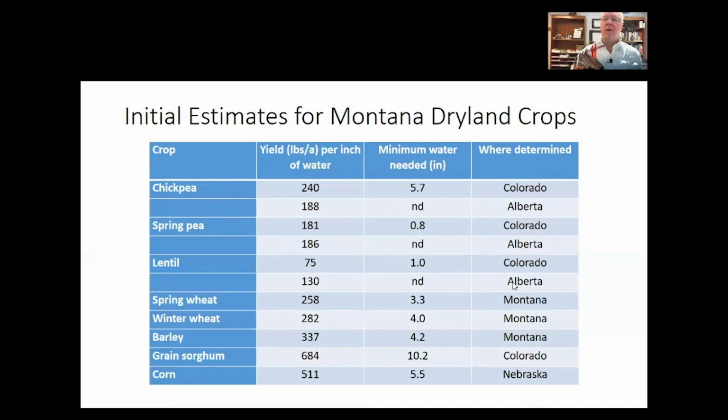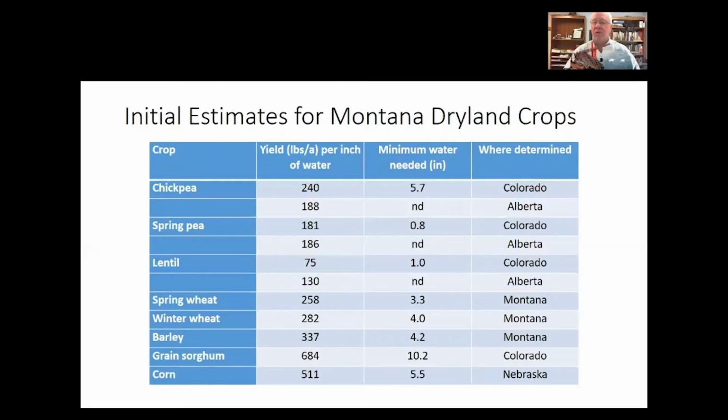So let's compare that to crops we typically grow, like spring wheat, winter wheat, and barley. Spring wheat's around 260, winter wheat's around 280, barley around 330 pounds per acre per inch of water. So all these legume crops, these pulse crops, are less than what we see for these grass crops.